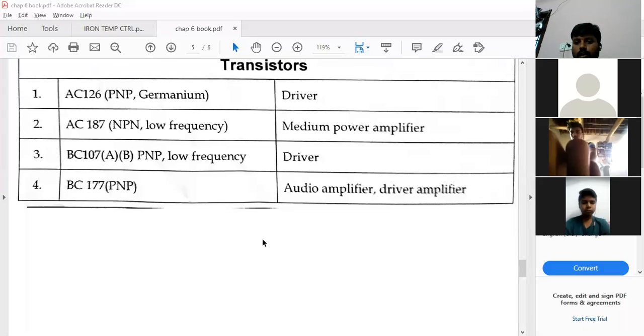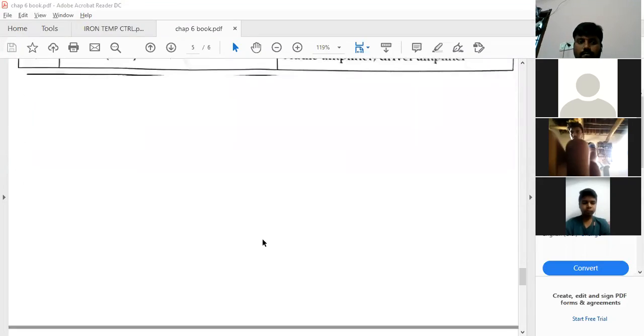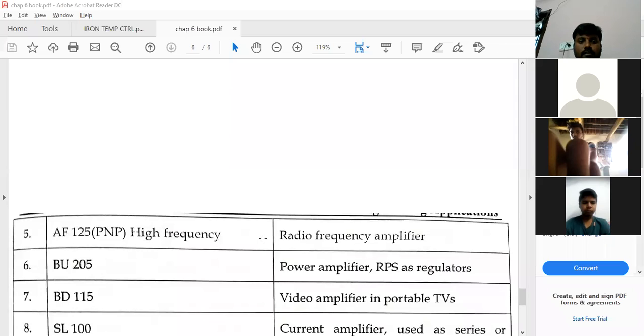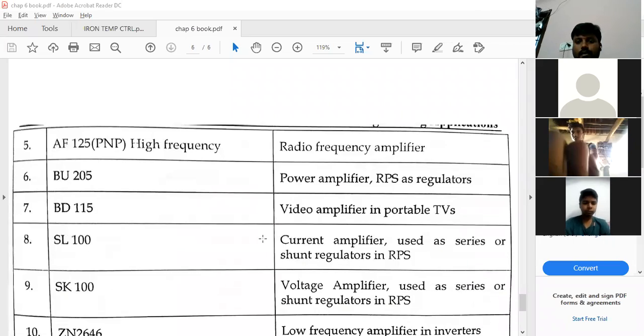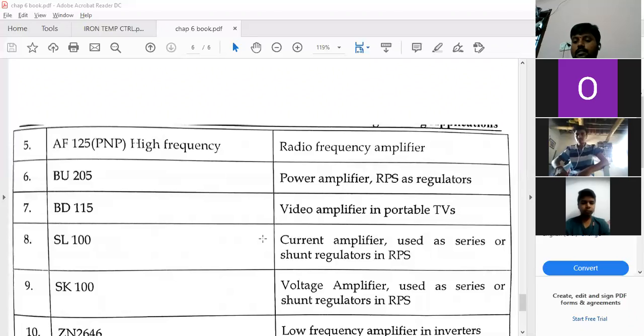BC177 is an audio amplifier and driver amplifier. And AF125 is a radio frequency amplifier. BU205 is a power amplifier, and it is used in regulated power supplies as a regulator.